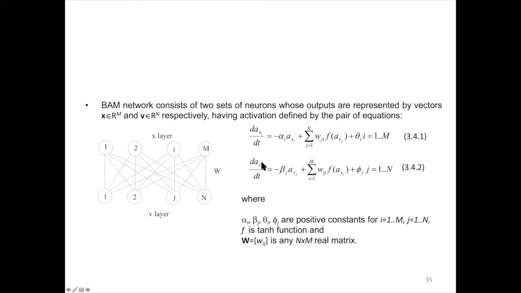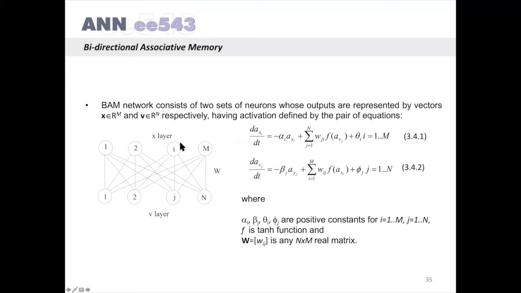For each neuron in this layer, on the activation of neuron Vj, we are applying the output function, and we are taking the summation of Wji, the connection weight from the neuron j to i, for each j multiplied by the output of that neuron. The output function applied on the activation corresponds to the output of the neuron, plus theta i for the neuron i. i is changing from 1 up to m.